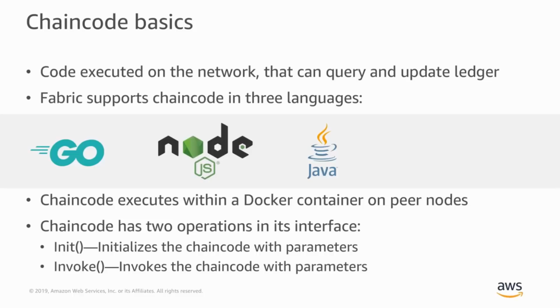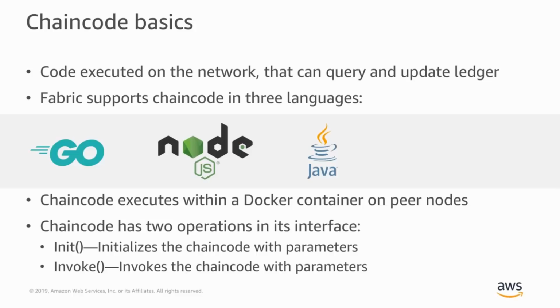Now, chain code is a smart contract in Hyperledger Fabric where the code is executed on the network. It's actually executed on the peer node. The chain code sits on the peer node and it can query and update the ledger. As I mentioned before, the chain code executes within a private Docker container.